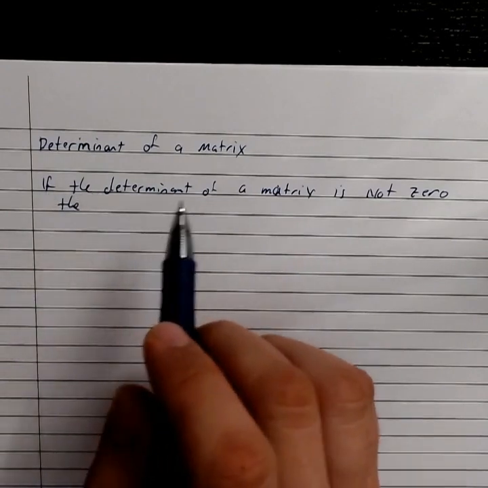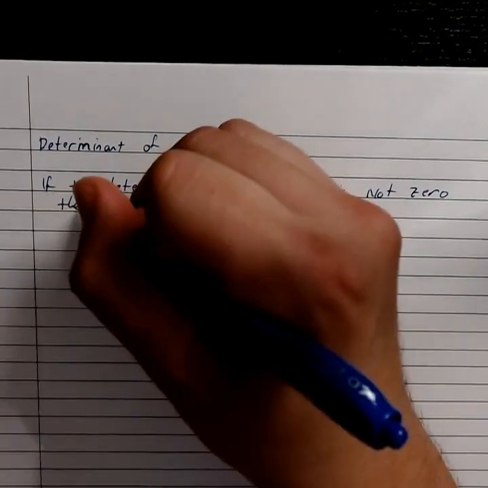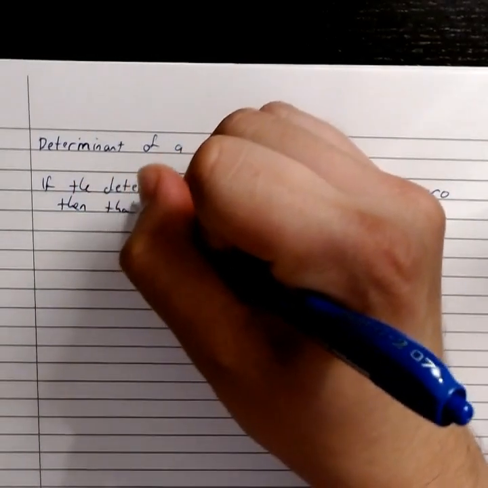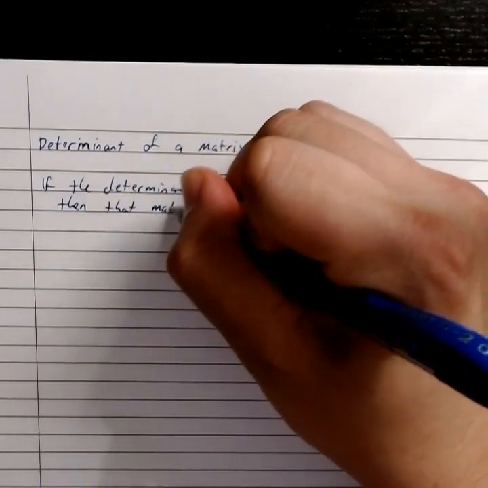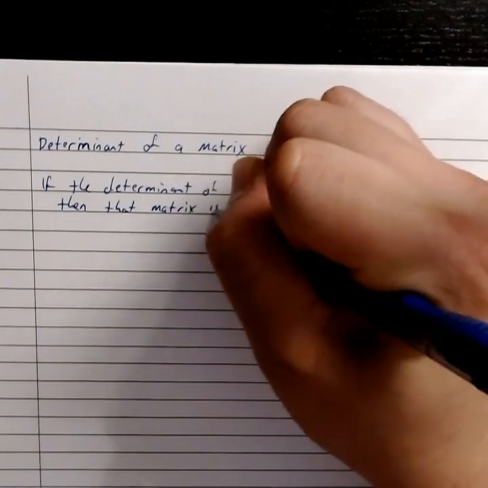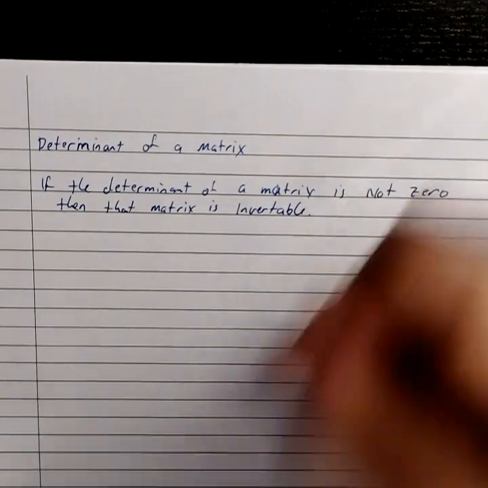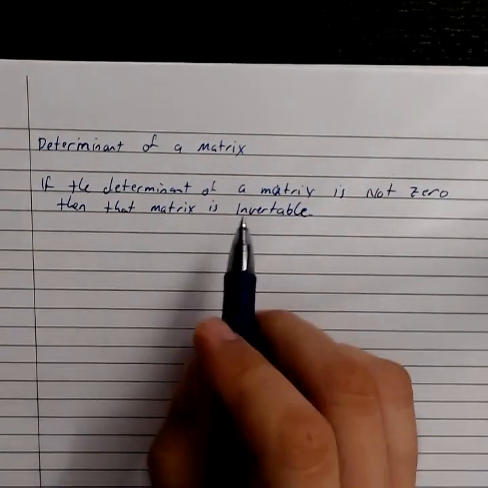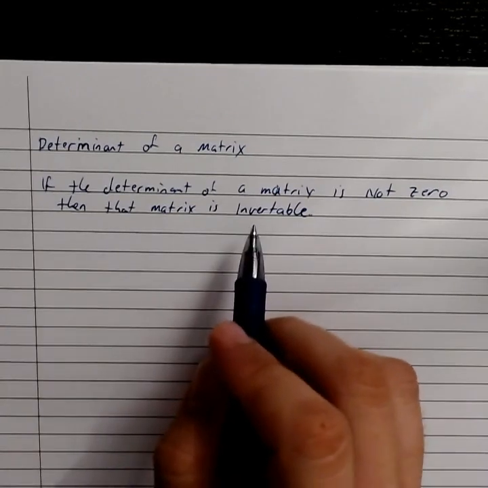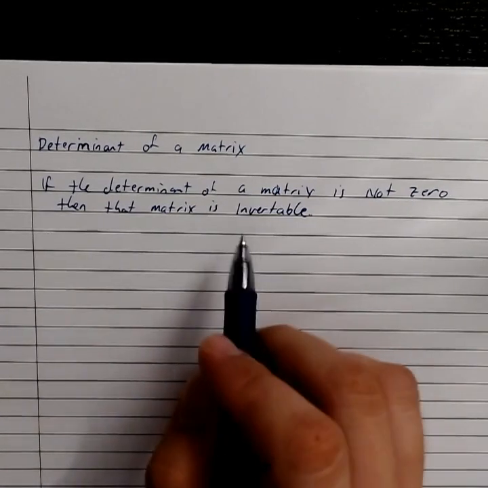If the determinant of a matrix is not 0, then that matrix is invertible. Okay. Inverting will take the place of dividing for matrices.